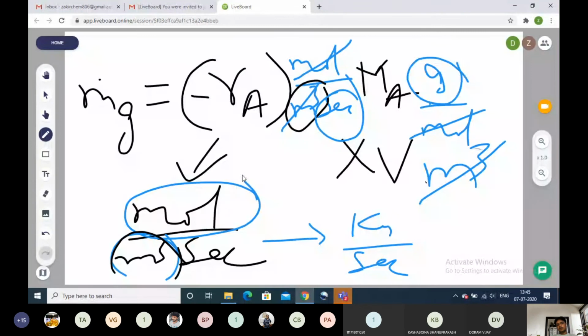Then m dot generation. This is for the generation term. For the generation term, we are assuming that there is some mass formation inside. For example, when we supply 100 kg or 200 kg inside, in the ideal case we should get only 100 or 200 kg out. But when we consider the generation term, it means there is some chemical reaction, which is either increasing or decreasing that mass.